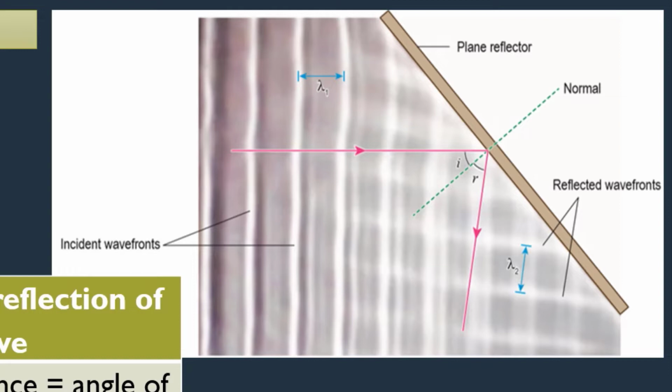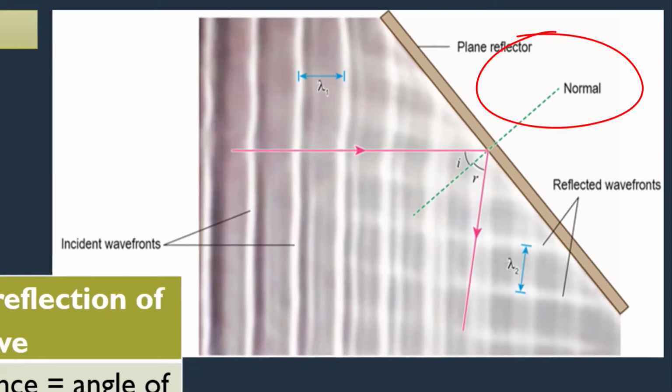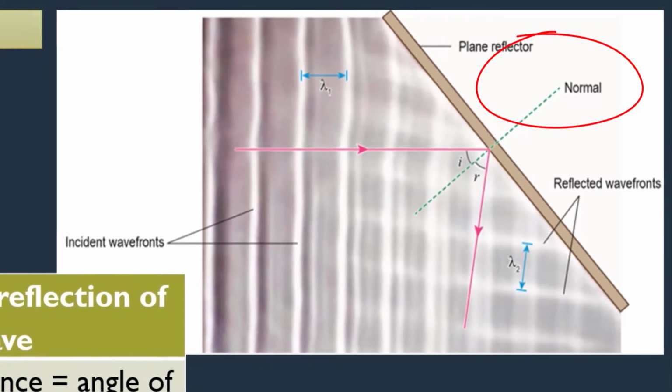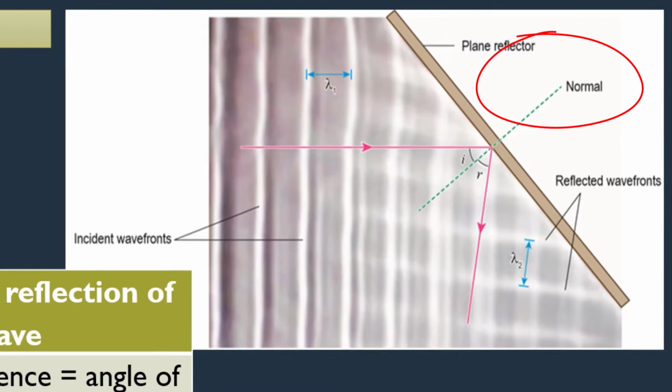From the incident wavefront, you can see the line of propagation of the incident wave, and then it goes to the normal line, and then there is the reflected wave propagation.